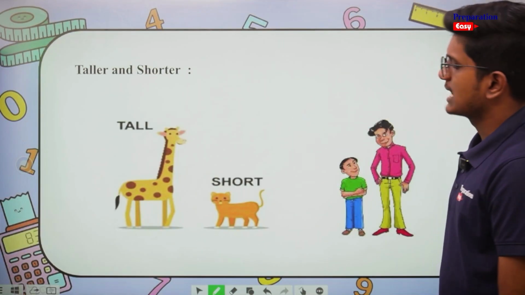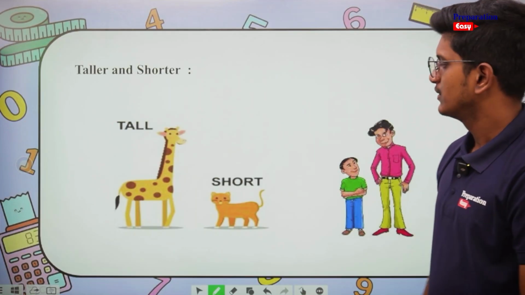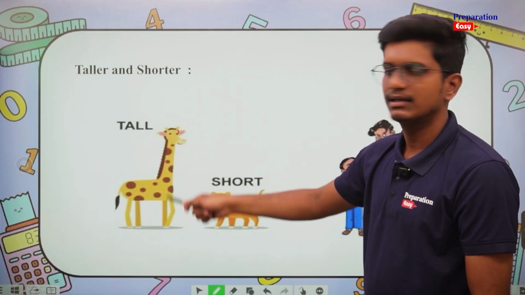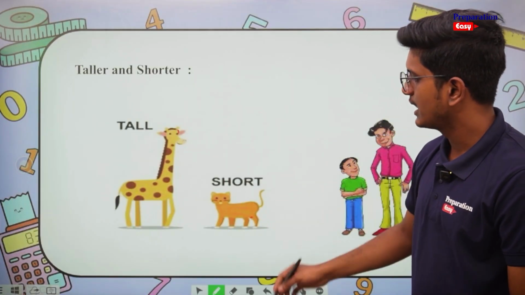Here are a few examples of length. This is a giraffe. You can see this giraffe is tall, right? And this is a cat which is short in height.